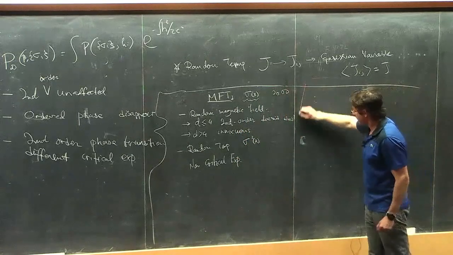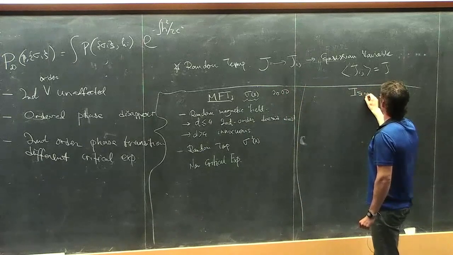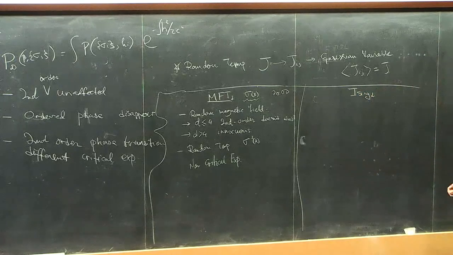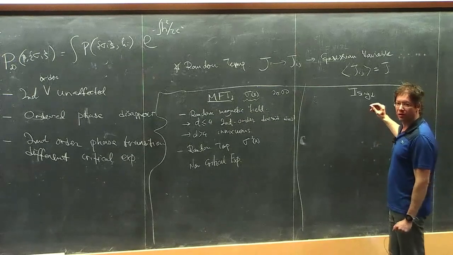Let's talk now about the Ising model. So now I'm talking about the classical Ising model, where the spin is just a binary variable. And in the continuum, of course, you can promote it into a continuous variable. So let's talk about the d-dimensional Ising model.